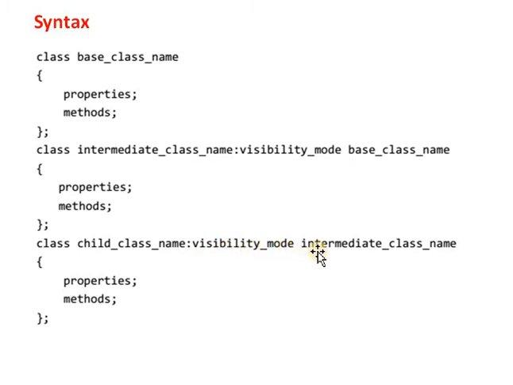And after the visibility mode, again we specify the intermediate class name. In the class definition, we write the properties and functions or methods of that particular child class. This is the syntax for defining multi-level inheritance. In multi-level inheritance, there are different levels, and in different levels, different classes are present.